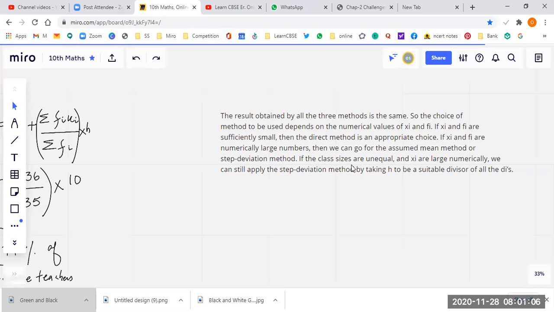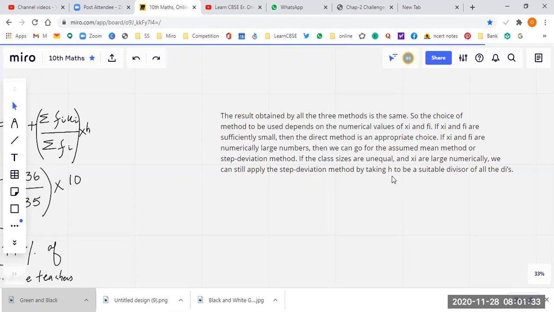Now, if class sizes are unequal and xi is large numerically, you can apply both methods. It will be better if you apply the assumed mean method, but you can also apply the step deviation method. But then you might be wondering what will be h, because you need to divide all the values of di by h to get ui.